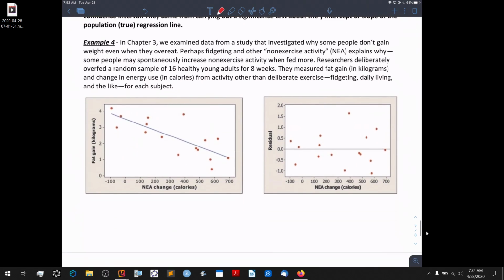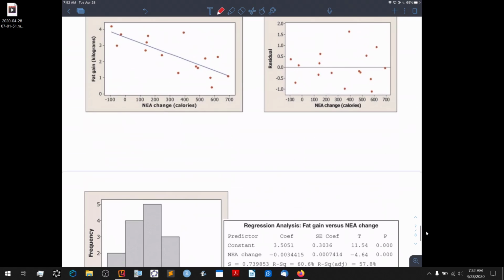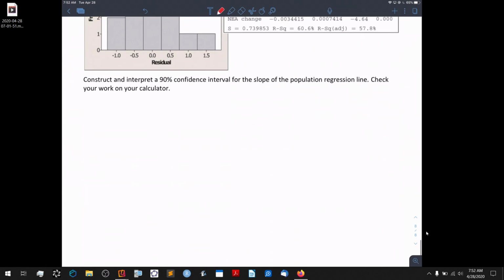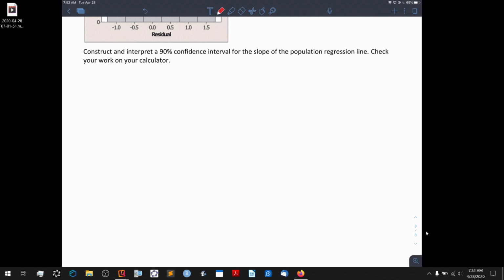All right, guys, I'm not going to do example 4. Example 4 is just another example here. You're given everything you need, and this says construct a 90% confidence interval. So you're saying, okay, we want to estimate this with a 90% confidence level, and if conditions are met, you do your state, plan, do, conclude.